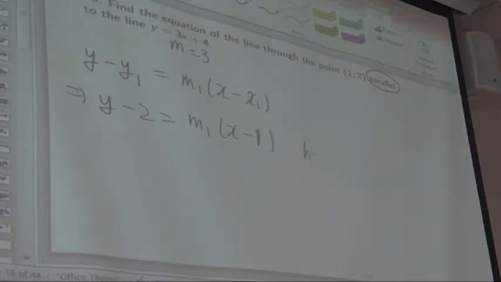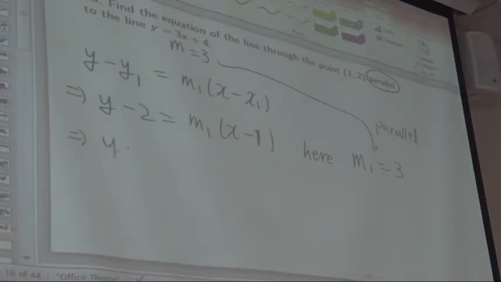And here m1 should be the same as 3 when they are parallel. So for the perpendicular, the product is negative 1, but in the parallel case, they have the same slope. That's the difference.